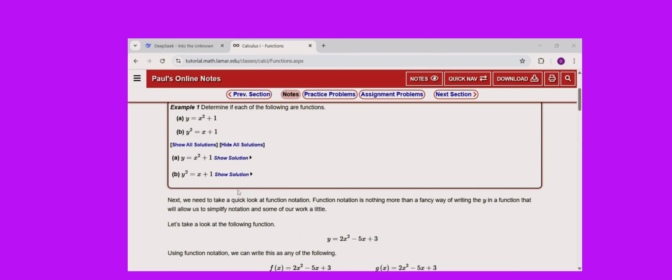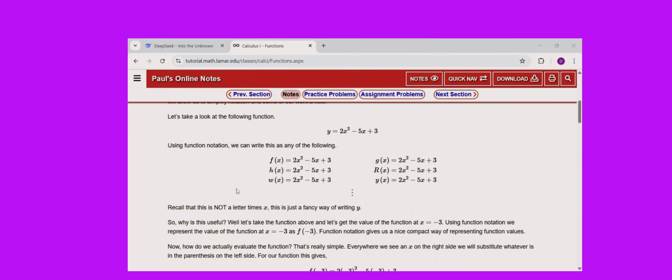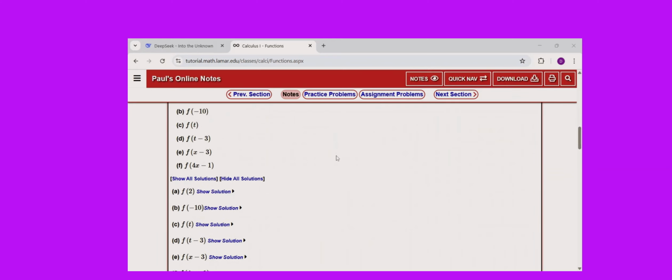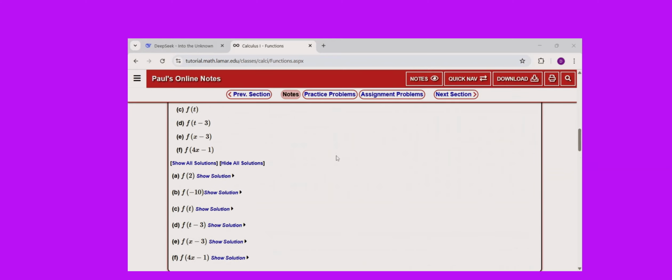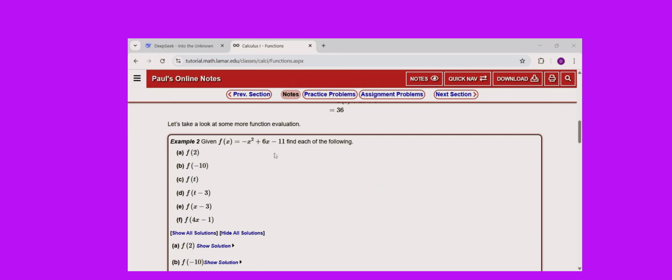So, using function notation, we ask the following illustration. Given f of x is equal to minus x square plus 6x minus 11, find each of the following.